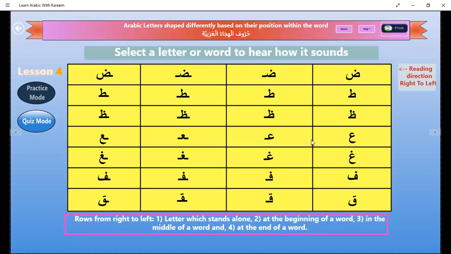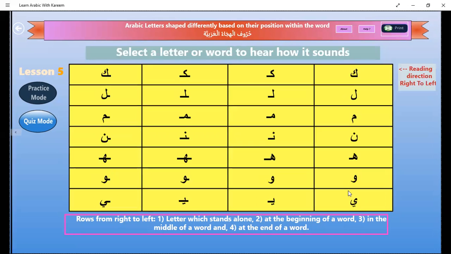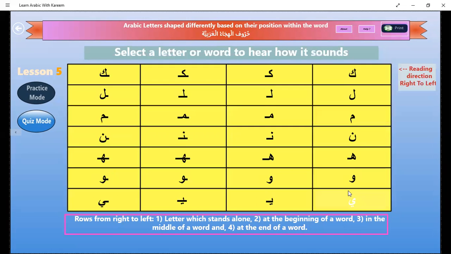We also have Dad, Ta, Za, Ain, Ghain, Fa, Qaf, Kaf, Lam, Mim, Nun, Wow. Now look at Wow. Also, Wow does not allow anything after it. It can only pair with a letter coming from behind, so it does not allow anything after it. Okay.